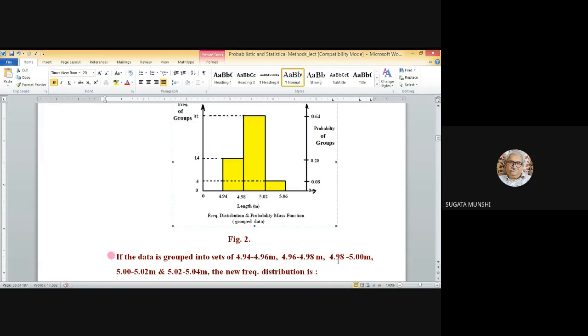It is the probability of occurrence of members of these three groups.